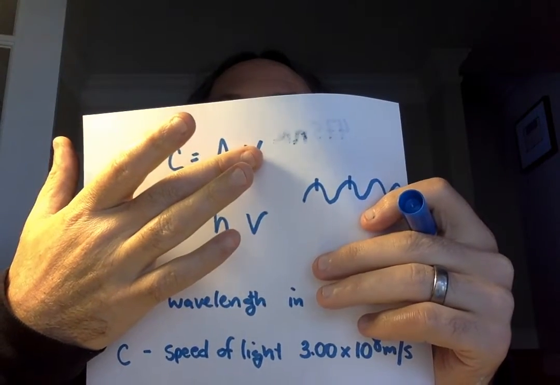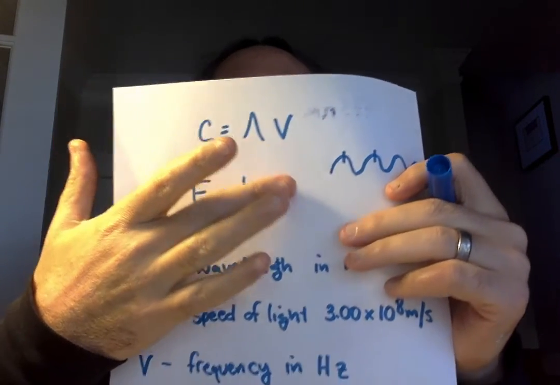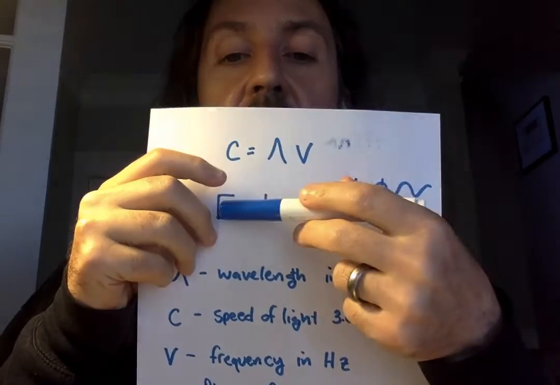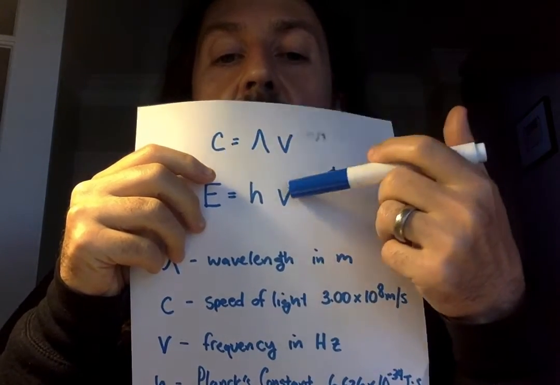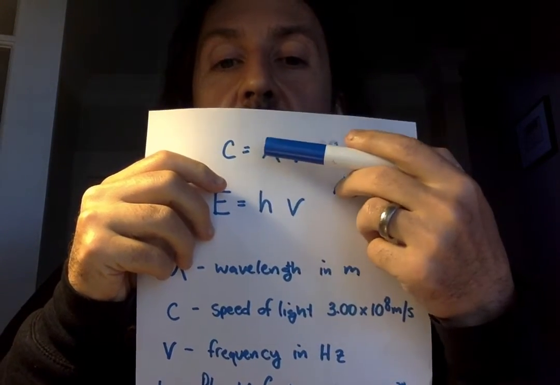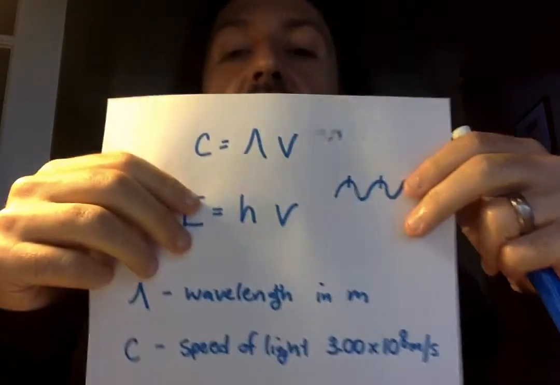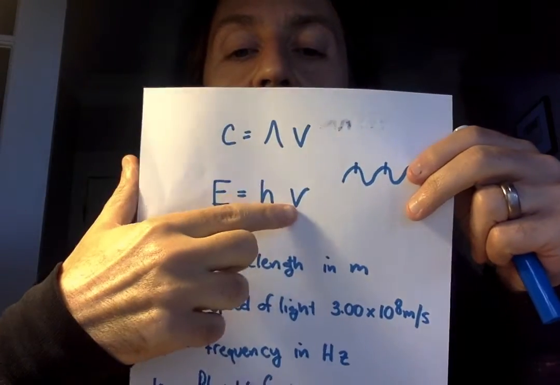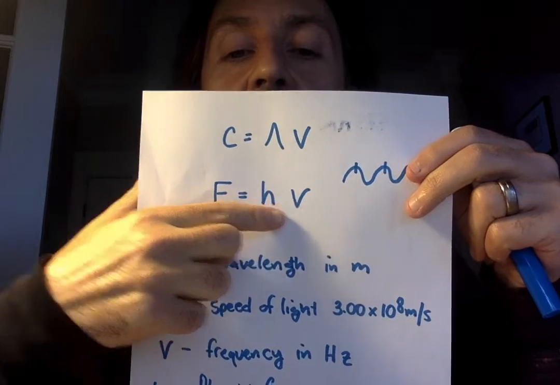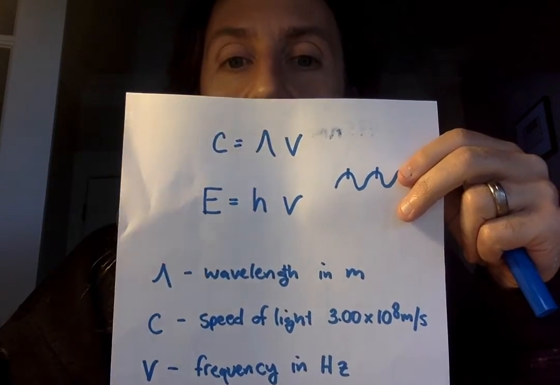And so longer wavelength, lower frequency. And if you have a lower frequency, when you come down into this energy equation, if the frequency is lower because the wavelength is longer, wavelength, lower frequency, lower energy. So when you bring a low frequency down into this one, the energy is not going to be as much.